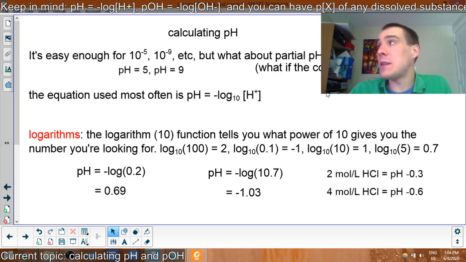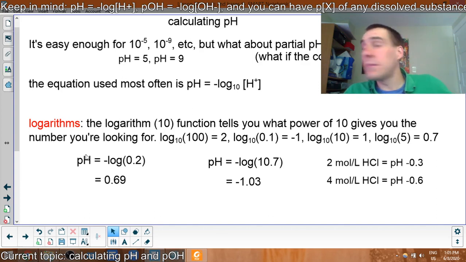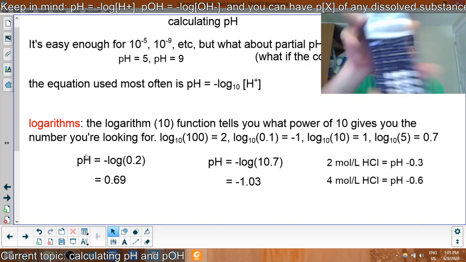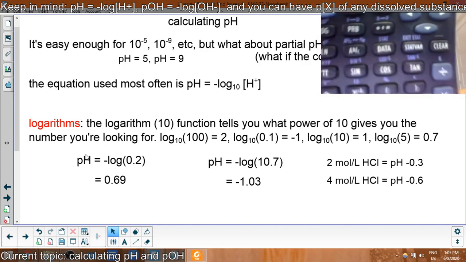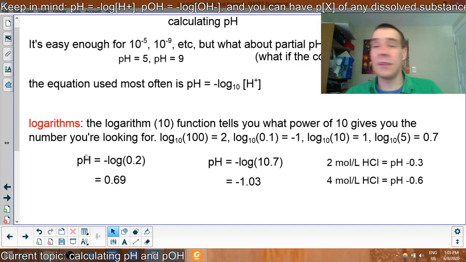And so here's the equation that's used most often, negative log10 of H+. The logarithm function, if you haven't taken advanced functions yet, the log10 function tells you what power of 10 gives you the number you're looking for. Now, I'll pull it up on my calculator, I've got a log button. It just says log over here. That is by default log10. That's what the log button on my calculator does.